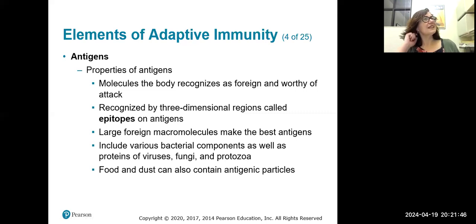Now, here's the tricky thing. Sometimes our immune system is a little bit problematic, let's say, and it'll overreact to stuff that's not actually dangerous to us. Those are the things that we refer to as allergies.